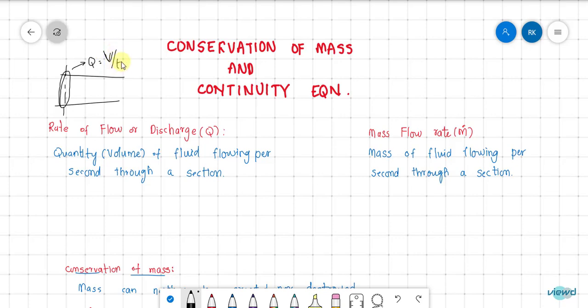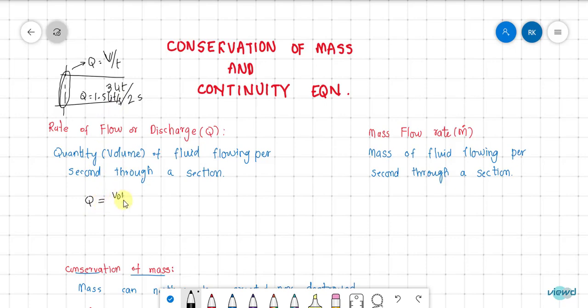So if 3 liters of water has flowed in 2 seconds, then the discharge is equal to 1.5 liters per second. That is discharge, and it is represented with Q.